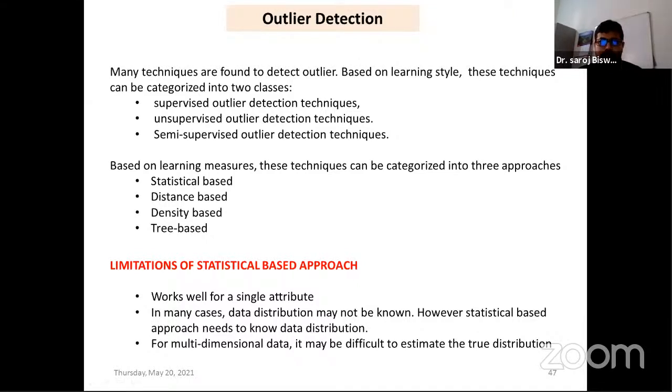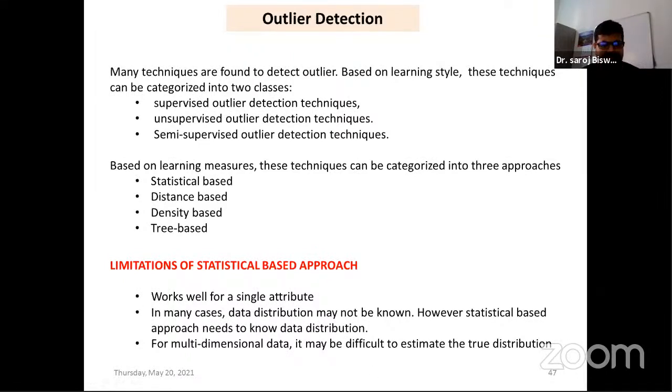When we want to use a statistical based method, we need to know the data distribution. Only if the data distribution is known can we find the outliers properly. But in most cases, it's not possible to know the data distribution. Again, for multidimensional data, it may be difficult to estimate the true distribution.